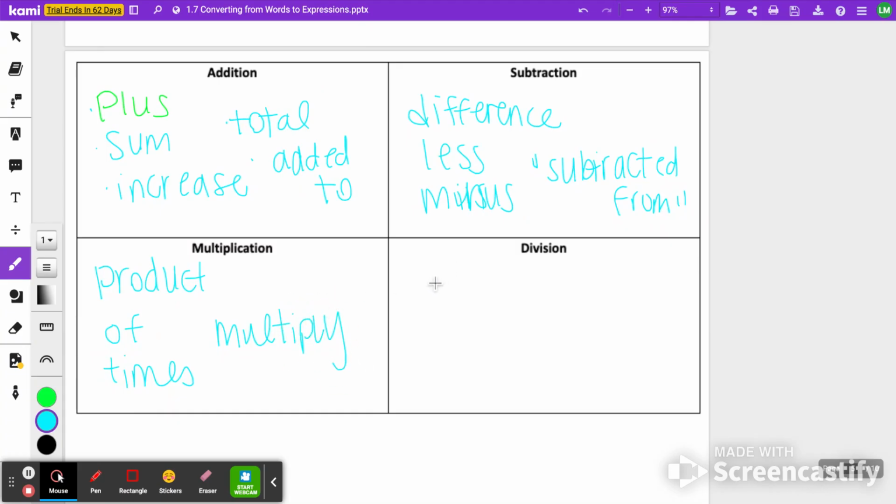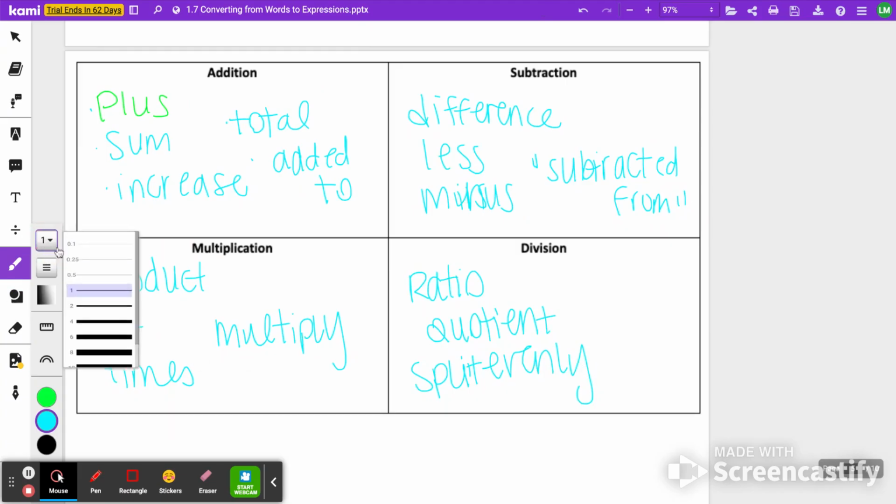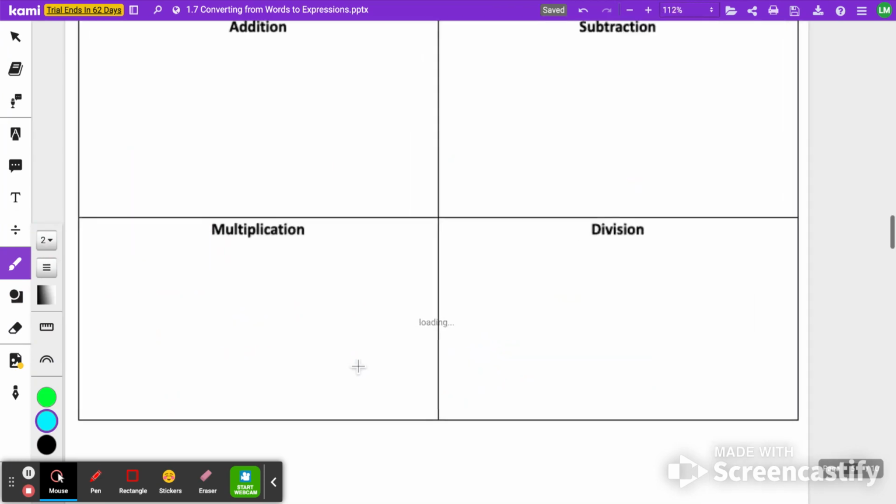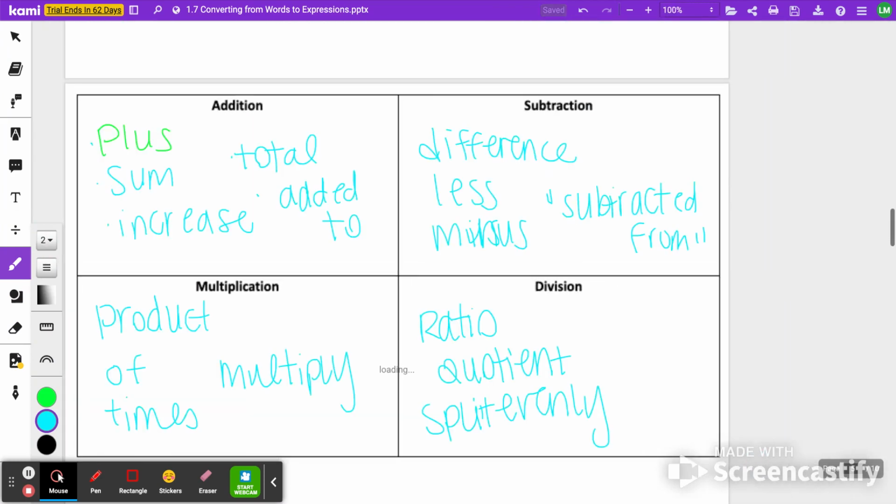And then for division, we have the ratio, quotient. Sometimes you can even see it saying split evenly for those as well. If you haven't had a chance, go ahead and pause the video and fill your notes in. And when you're ready to keep going, click play.